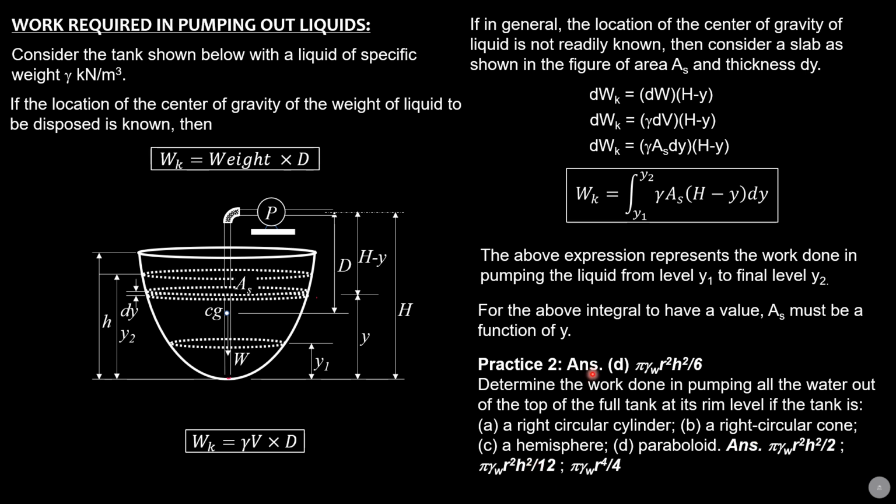Those are the answers, and I hope that you can solve these problems both by integration and by this approach, weight times distance, as long as you know the location of the centroid of the liquid inside these different tanks.